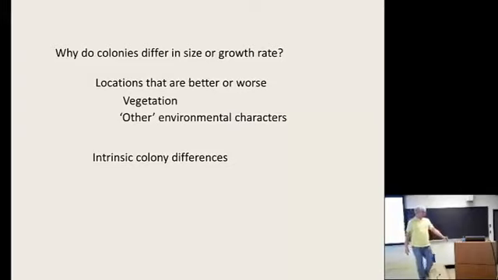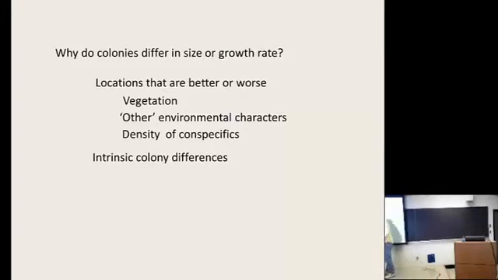It could be something that's co-varying tightly with vegetation. Another trait that might vary among locations is density of conspecifics. This is a trait which the colony that you're interested in doesn't have any control over, and so it may influence the quality of that location.